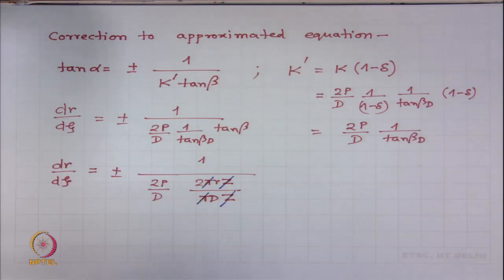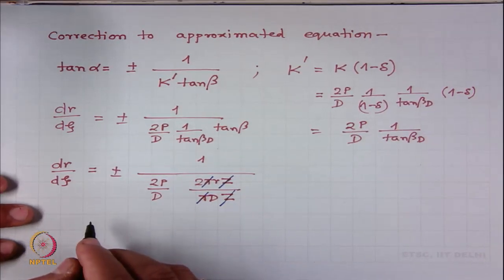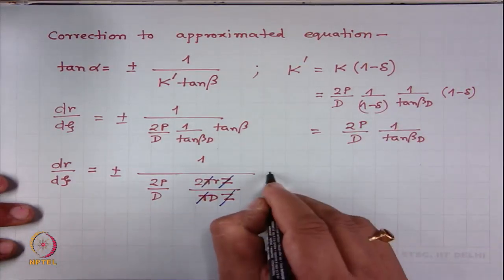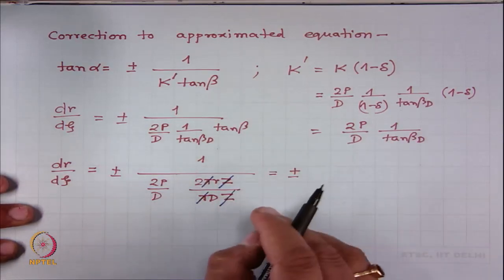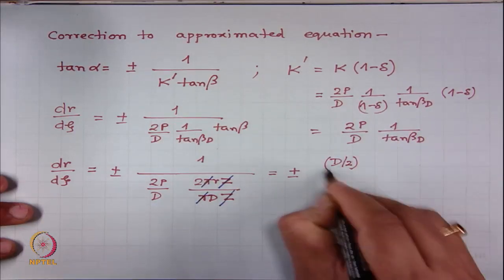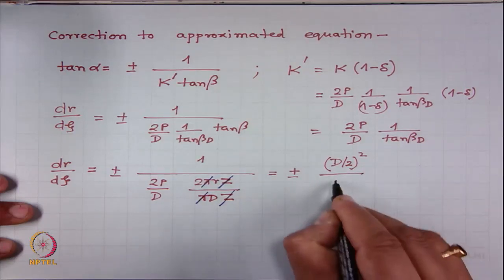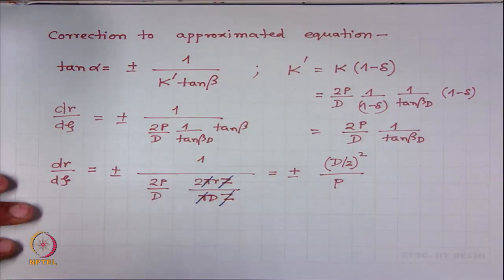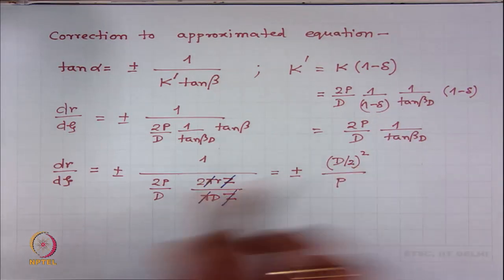So, what we see is plus minus this d square will be in the numerator. So, d by 2 d square by 4, this p will be in the denominator, that is all. So, d square by 4 p.